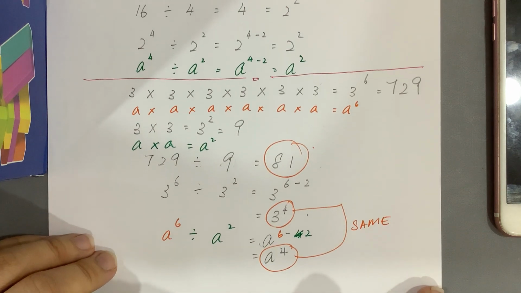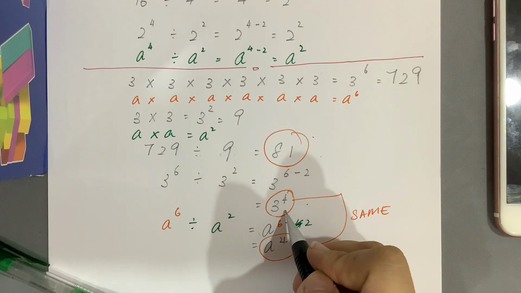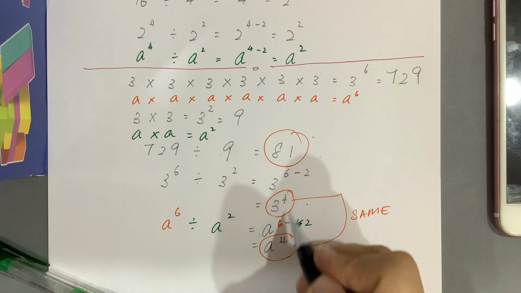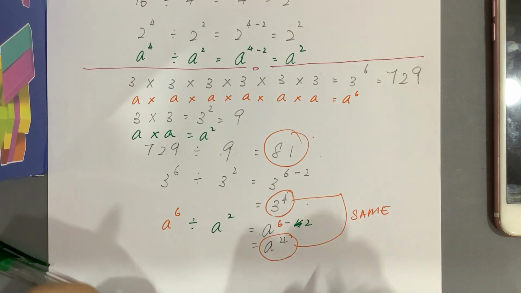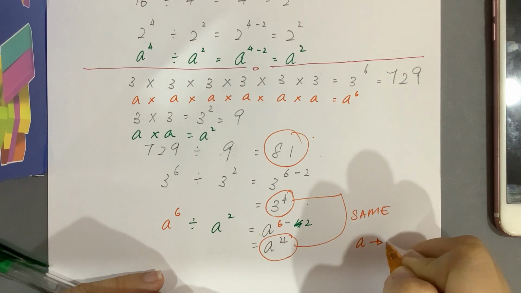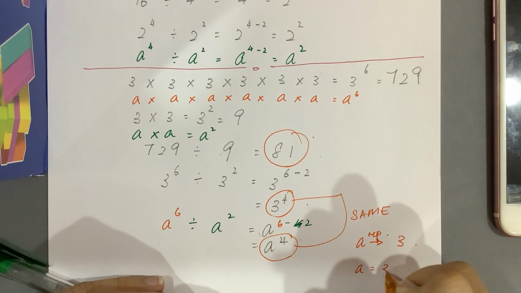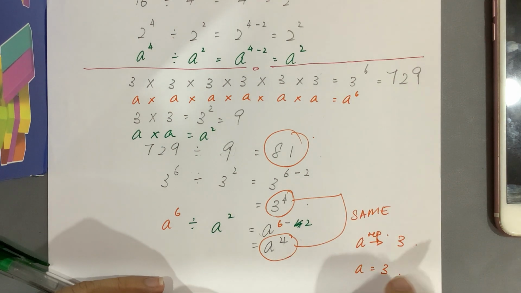Oops, sorry, it went out of screen. Okay, so a to the power of 4 will be equal to the same representation. So in this case, my a represents 3. So a equals 3 in this case.